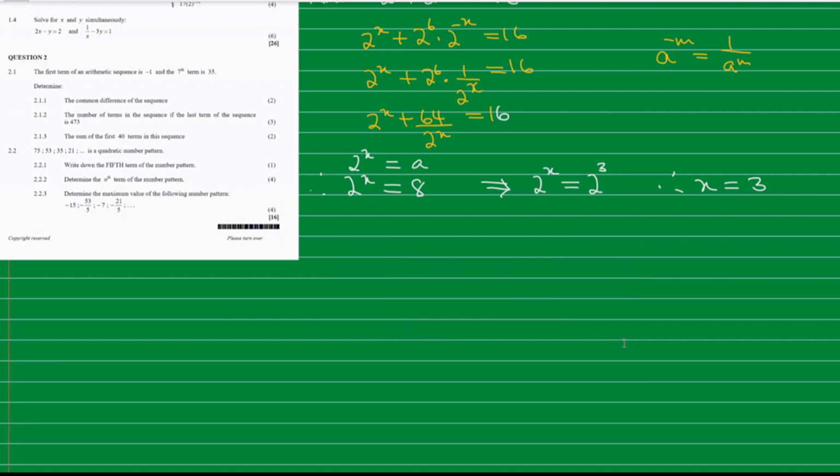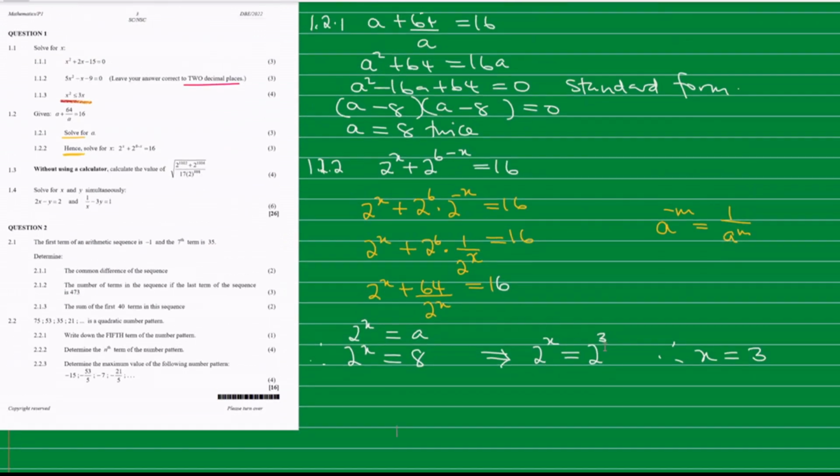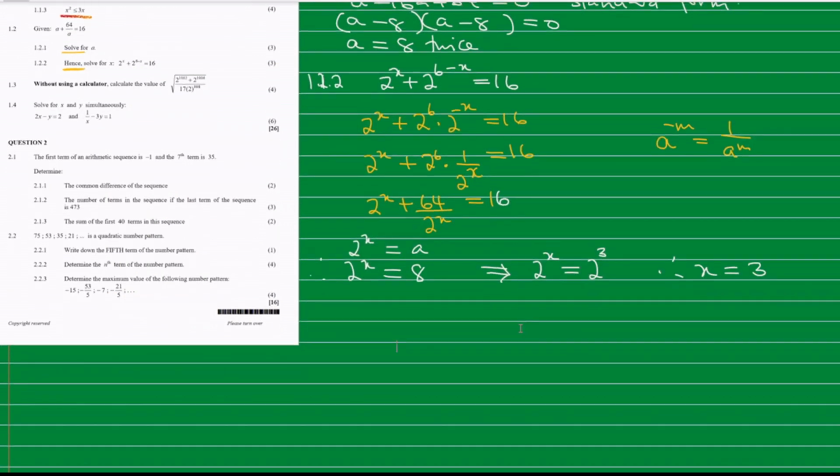Let's come to the next question, which is 1.3. 1.3 is exponential.